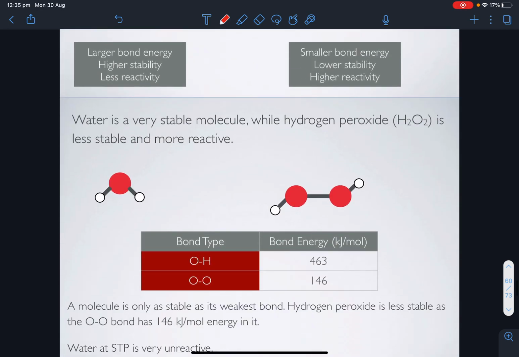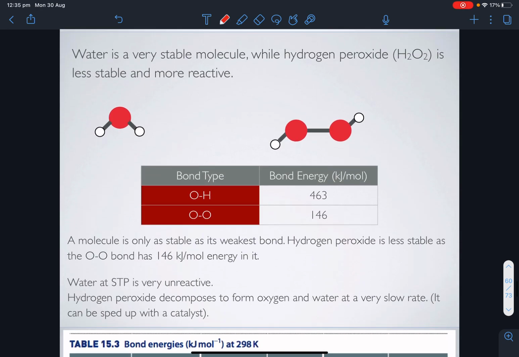Okay, now let's compare water with hydrogen peroxide because they're just hydrogen and oxygen. But the trouble is we've got different bonds here. In water, we've got two OH bonds, and they have 463 kilojoules per mole each.